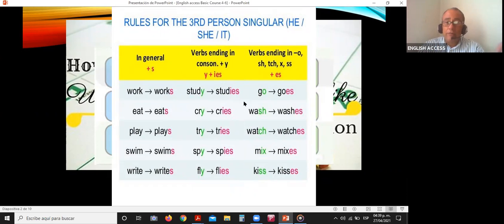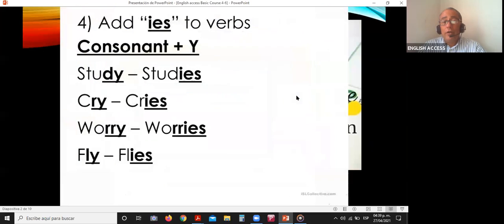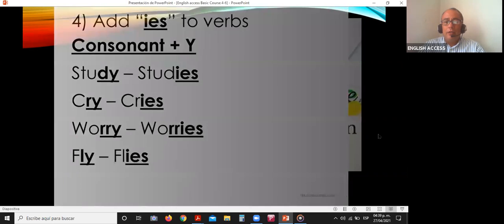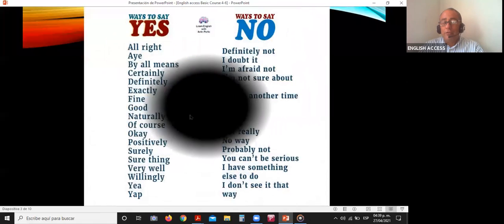And finally, with verb endings O, SH, CH, X, or double S, we add ES at the end of the verb. Also, we have the rule for consonant plus Y: study, studies, and so on. We practiced this a little bit in the workbook, and today we're going to review it.